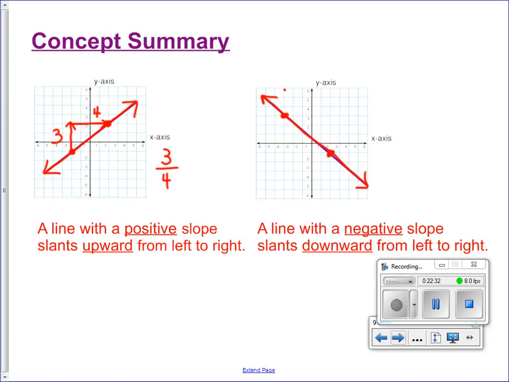Here looks like a couple of good ones. And coming downward, 1, 2, 3, 4, that would be a negative direction. And 1, 2, 3, 4, 5 is a positive direction. So I end up with negative 4 over 5. So my slope for a line that is going downward from left to right will always be a negative number.